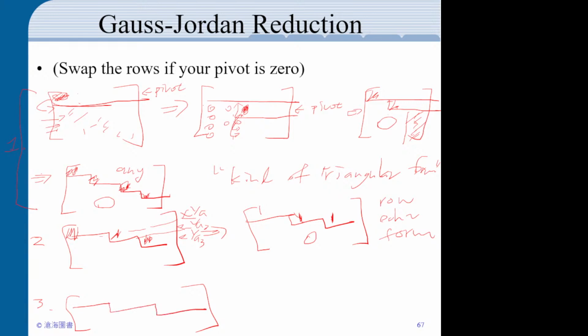So you have 1, 1, 1, and you eliminate the entries above them by doing row addition again. You should get 1 and 0, 1 and 0, 0, 1, and other things are whatever, and you get 0 here. And this is called reduced row echelon form.